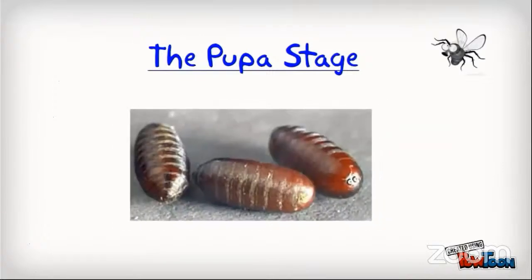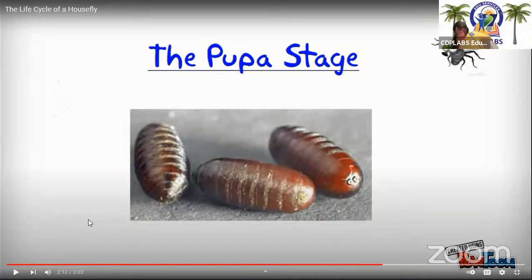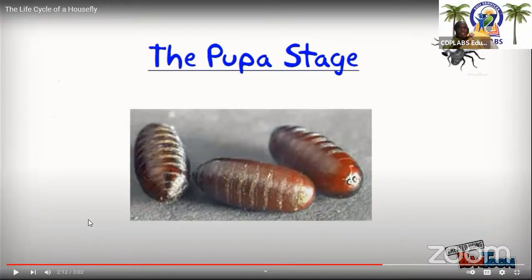In the pupa stage, the larva does not feed and is not active. Inside its pupal case, the larva continues. Now, question, what does a housefly then remind you of? The mosquito. Because the same stage, they don't feed right there. Make sense? Yes, sir.